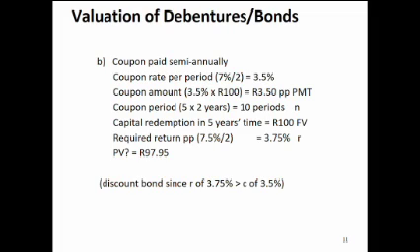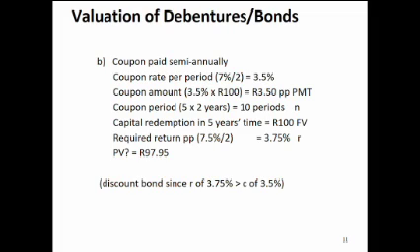So because there are 2 periods in a year, we are going to take the yield to maturity or required return, and divide it by 2, and that will give us a required return of 3.75%. If we input all of these into our financial calculator, we'll get a present value of R97.95.